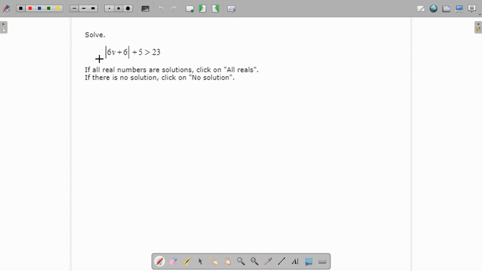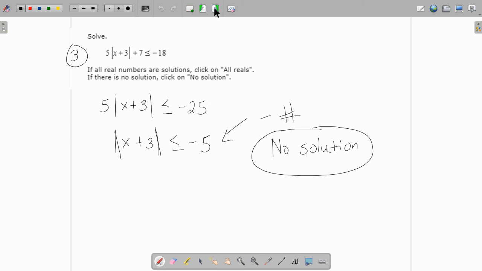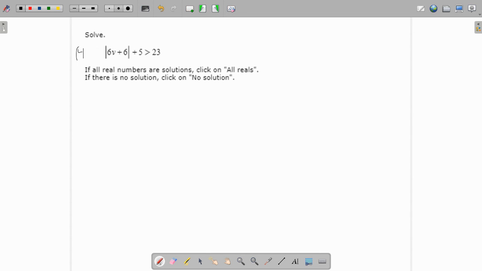Okay, now if you want to pause this one, go for it. Try it. Unpause the video. I'm going to do the problem out right now. So I'm going to subtract 5 from both sides. So 6v plus 6 is greater than 18.